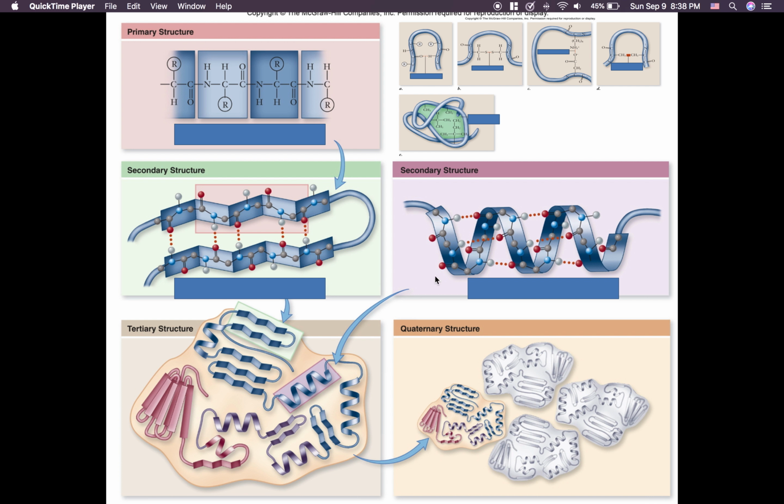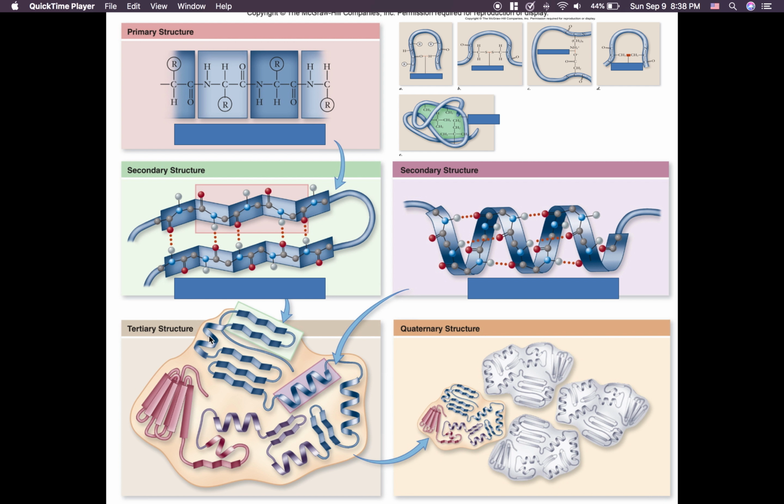Next, we move on to the final 3D shape of a single polypeptide chain, the tertiary structure. There are multiple types of bonds, such as ionic, hydrogen, and hydrophobic bonds, but they are relatively weak. Hydrogen bonds will form between the side chains, so right in here.